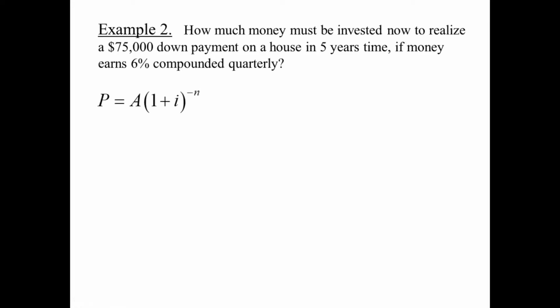Then we'll need the P, the A, the i, and the negative n. So the amount is after time has passed. $75,000 in 5 years. So after 5 years has gone by, we want our investment to become worth $75,000. So A is $75,000.